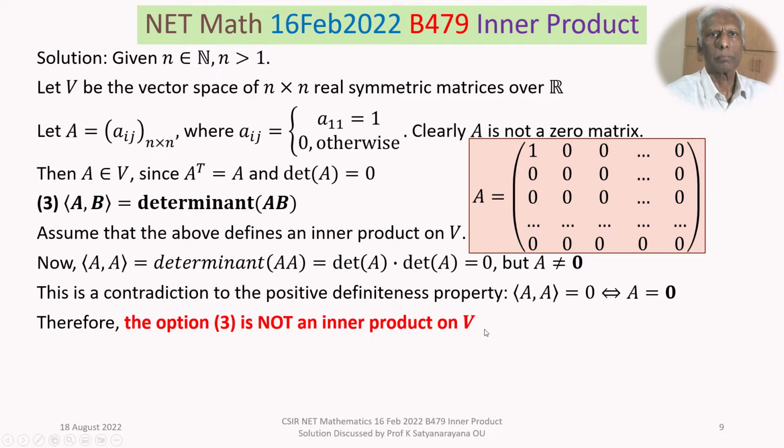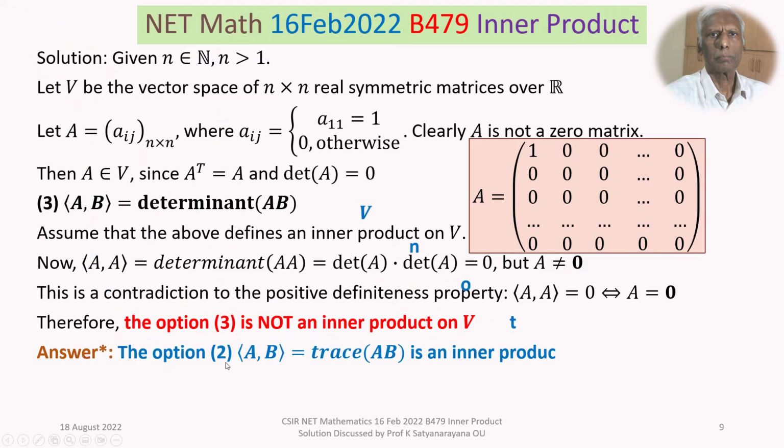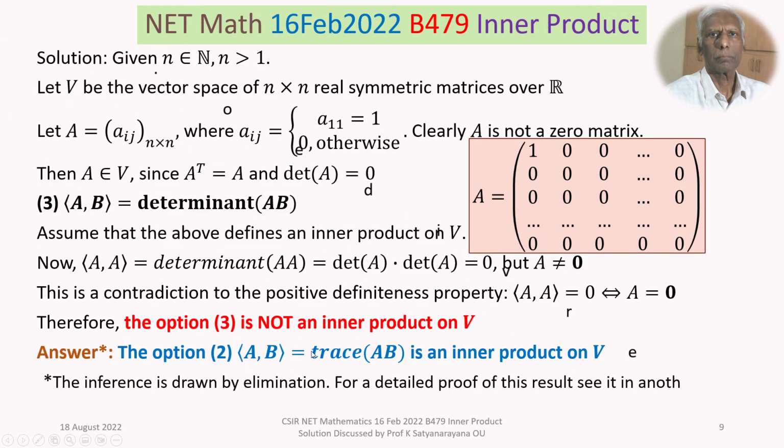So we obviously conclude that option 2, that is bracket A comma B is equal to trace of AB, is an inner product on V. Now, notice that the inference we have drawn, that option 2 is true, is by the elimination process.